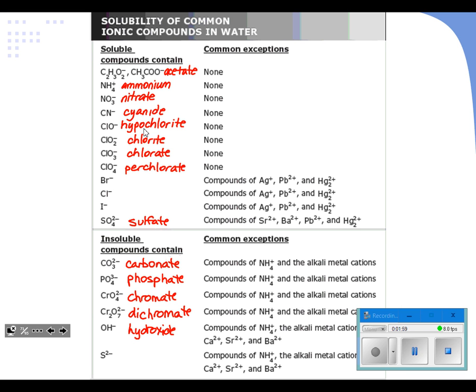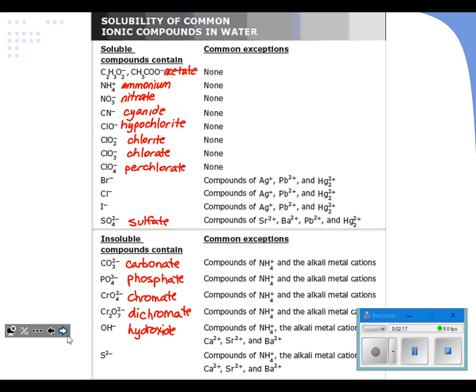Nitrate, cyanide, hypochlorite, chlorite, chlorate, perchlorate, this would be bromide, chloride, iodide, sulfate, carbonate, phosphate, chromate, dichromate, hydroxide, and sulfide.